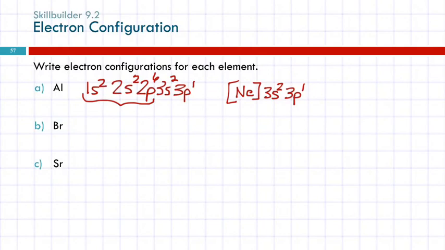Let's do strontium. Let's skip bromine because we're running out of time here. So strontium, let's just do the noble gas shorthand version. So I see that strontium is in period 5 of the periodic table. So I'm going to go up to period 4, the next one up, and go all the way to the end and find the noble gas. So that's krypton, right?